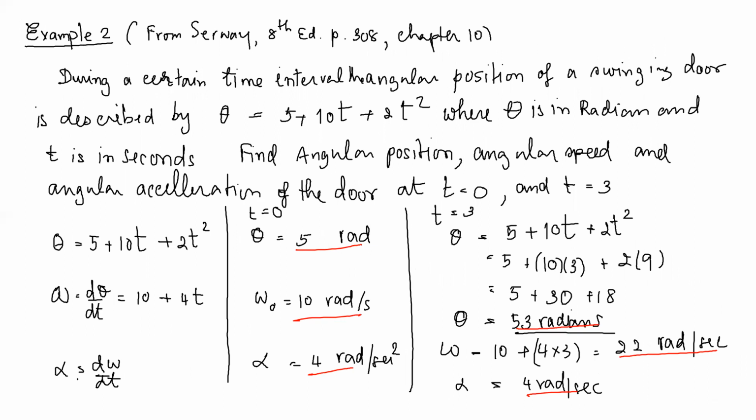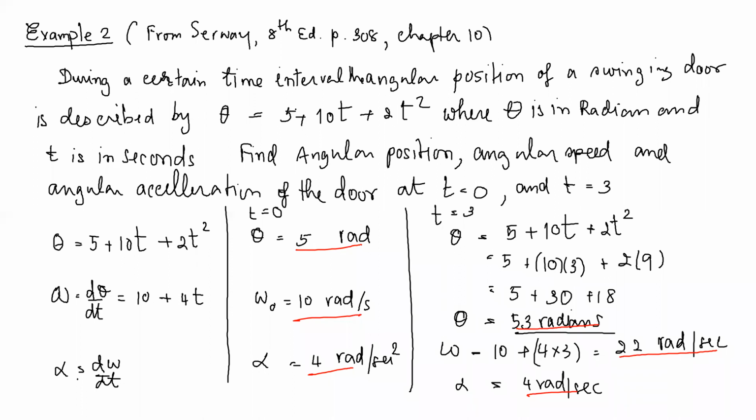During a certain time interval, the angular position of a swinging door is described by theta equal to 5 plus 10t plus 2t squared, where theta is in radians and t is in seconds. I would say in about 5 minutes we're going to have the quiz. Find the angular position, angular speed, and angular acceleration of the door at t equal to 0 and t equal to 3.